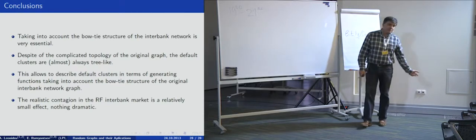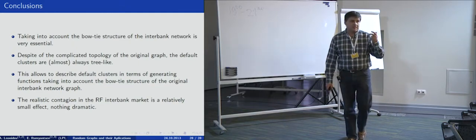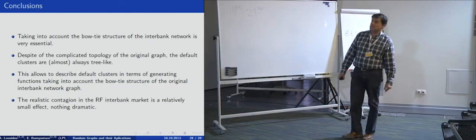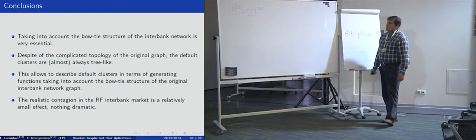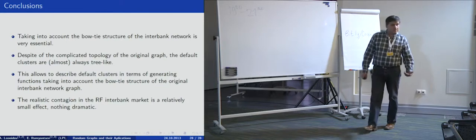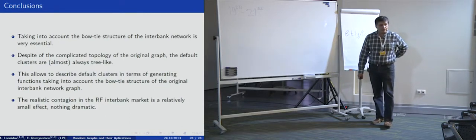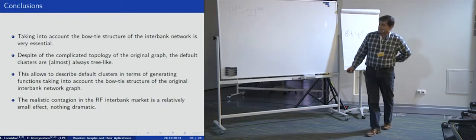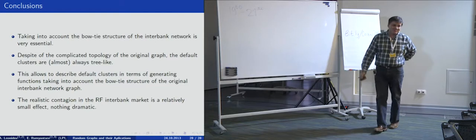The original topology is complicated, but the default clusters turn out to be tree-like for some magic reason, and this allows us to generalize known techniques and write everything down, lengthy but simple. I actually hoped for more here, but well.